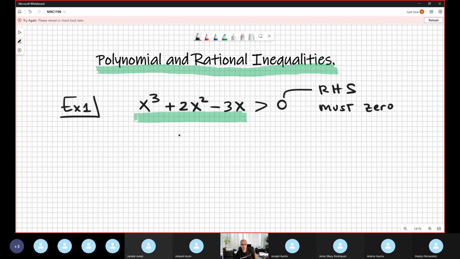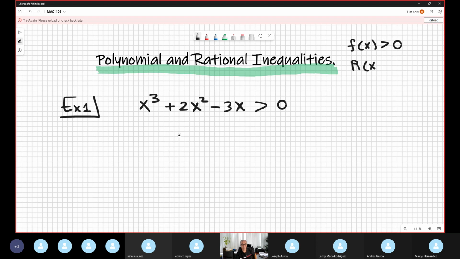Maybe you don't understand very well why. Some problems are given at the beginning with something else on the right hand side, and you need, this is super important, to start the solution of this kind by putting the function so the right hand side is 0. Polynomial or rational, you need 0 on the right hand side. Maybe you don't understand very well what the reason is, but I will explain soon, in a few seconds.